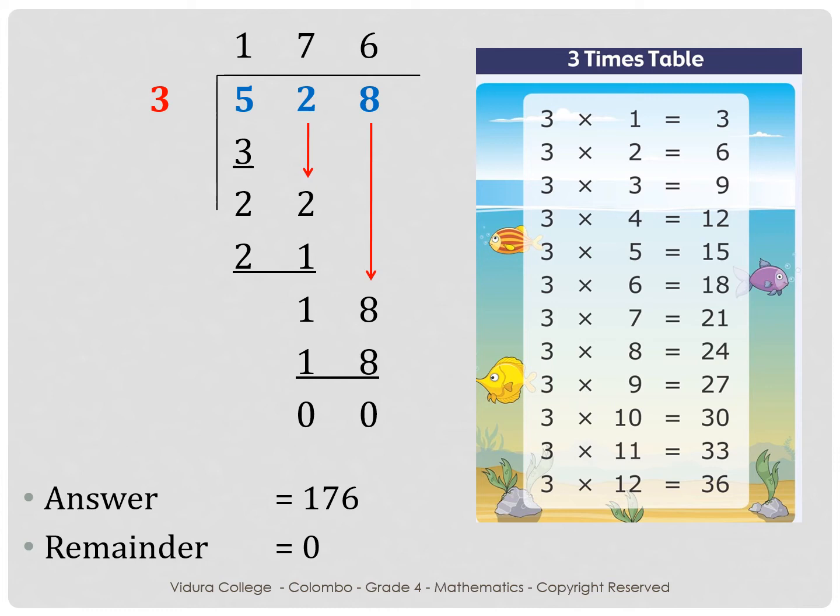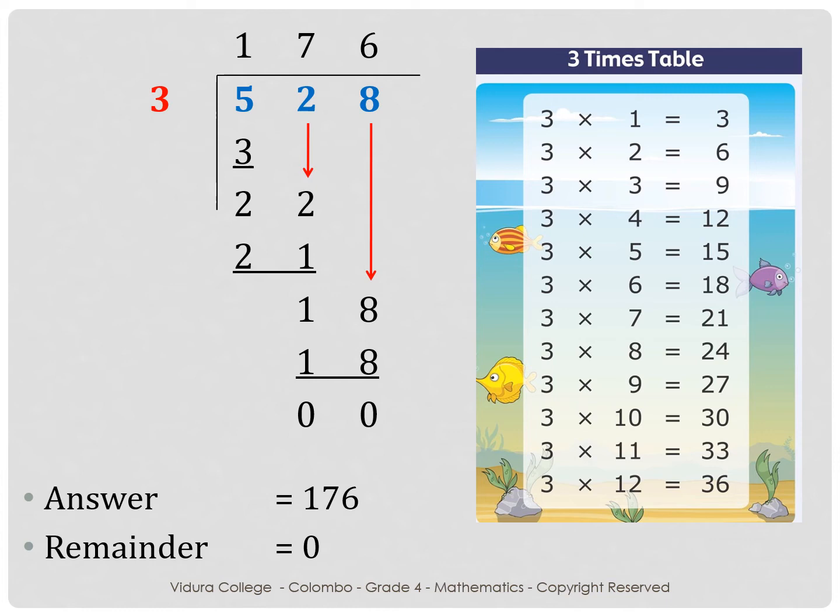So, now we want to divide 5 by 3. Here, as the divisor is 3, we are using the 3 times table to find the answer which is equal to or less than 5.